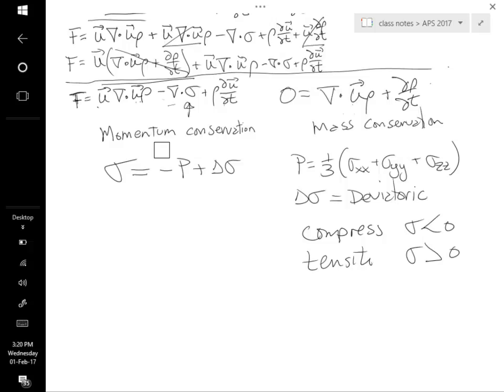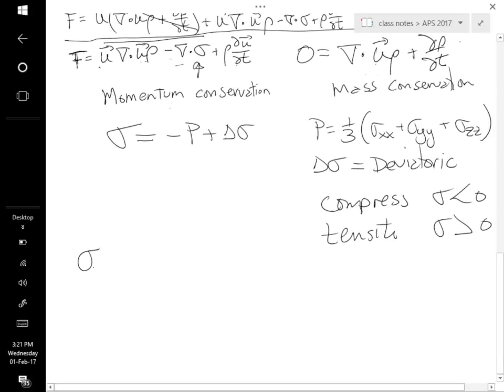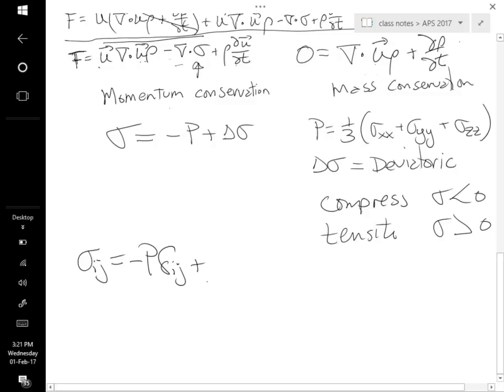We're going to use what's called the constitutive equation for a linear viscous fluid, or for a Newtonian fluid, and it's going to look somewhat like our conceptual model. It's going to say that the stress tensor is like this. Sigma ij is equal to minus p times the Kronecker delta plus the viscosity times the gradient in the fluid velocities.